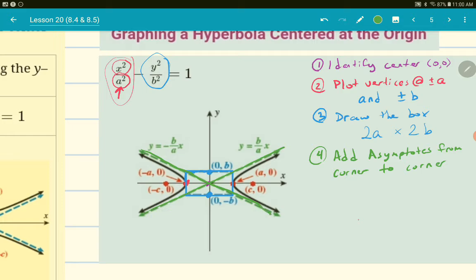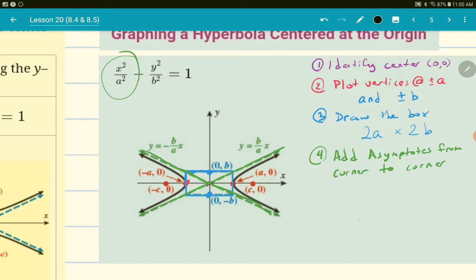And again, that's not part of the graph, that's just guiding the graph. The black branches are the only part that are really part of the points of the hyperbola, which is what we'll do next. So now we have our asymptotes, we have our vertices, and we know the transverse axis is the x-axis. So we're going to go opening left and right because we're starting with the x.